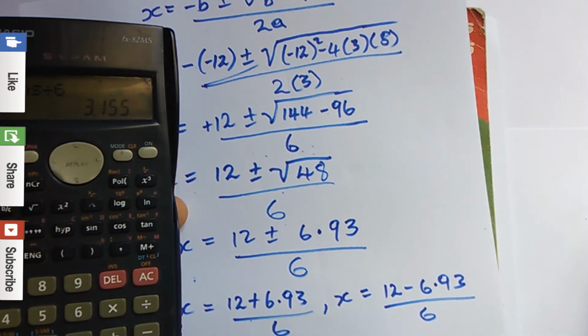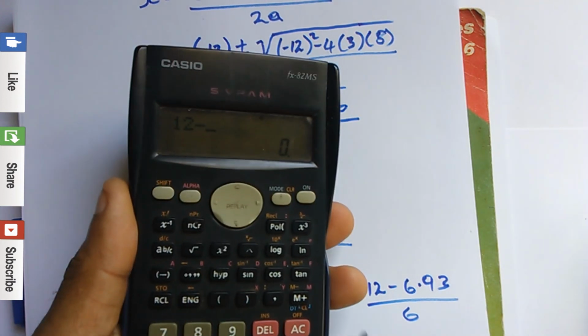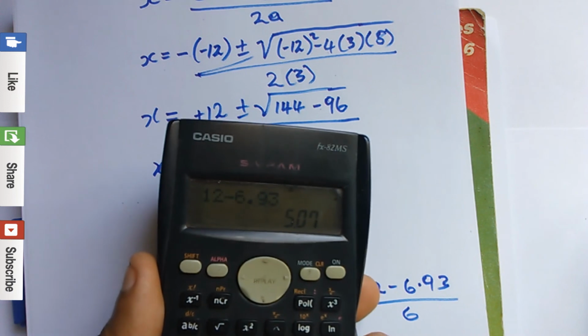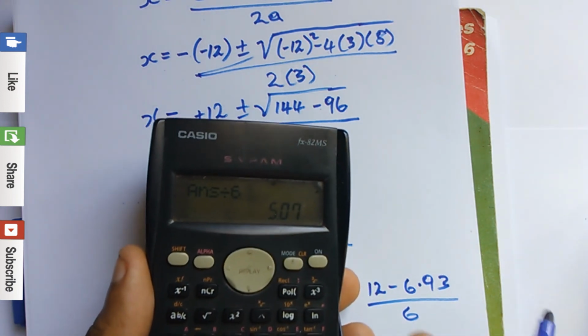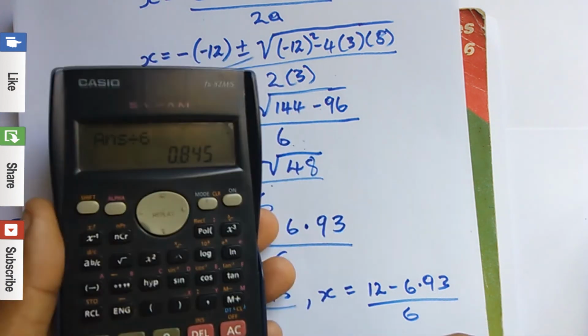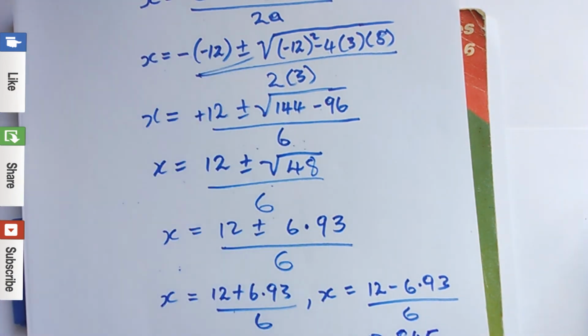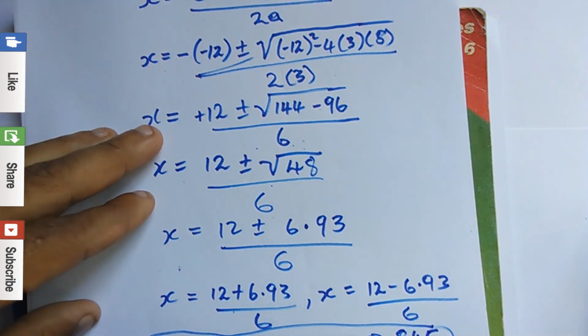Here we have x equal to 12 minus 6.93 equal to 5.07. Then I'm going to divide it by 6. Remember, add or subtract, then you divide. Equal to 0.845. So these x values would be the roots.